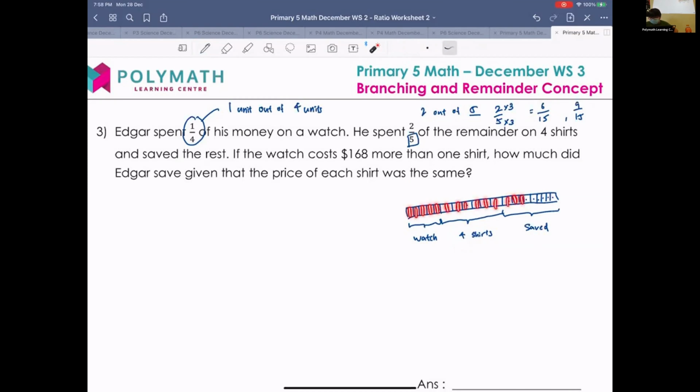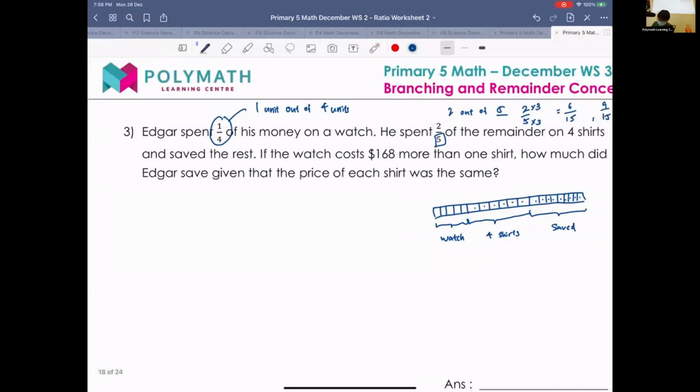I don't really want that. So I think I'll just use fraction or decimal. The 4 shirts is a total of 6 units here. So 1 shirt will be equal to 6 divided by 4, which will give you 1.5 units.